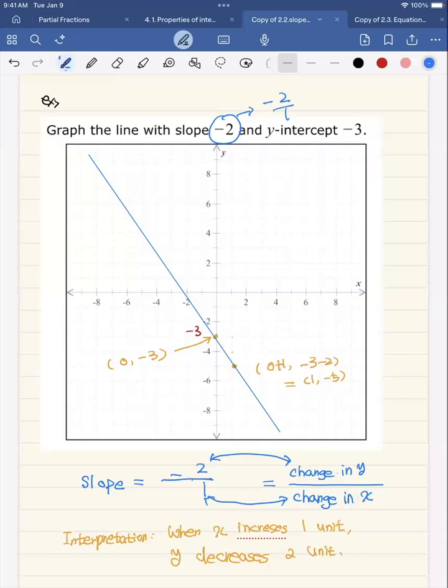That means when we move to the right 1 unit, y value drops 2. And y-intercept is -3, so coordinate value will be 0 and -3. When we plot it, that's this point.